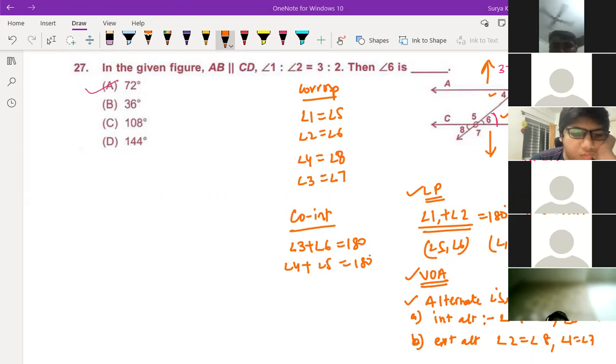The quiz name is Lines and Angles for class 9. Challenge friends. Start. I'm posting the direct link in the chat box, children. All of you just look into it.